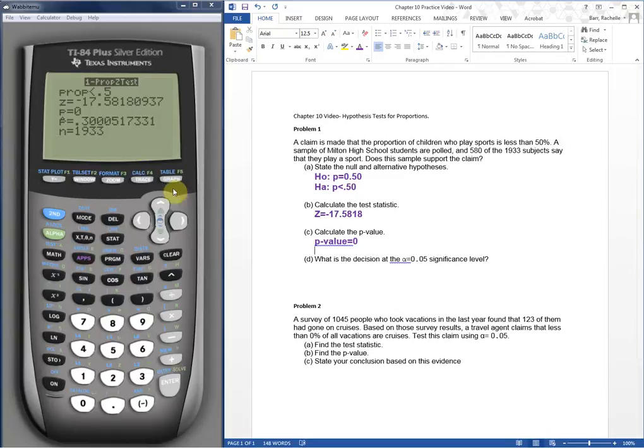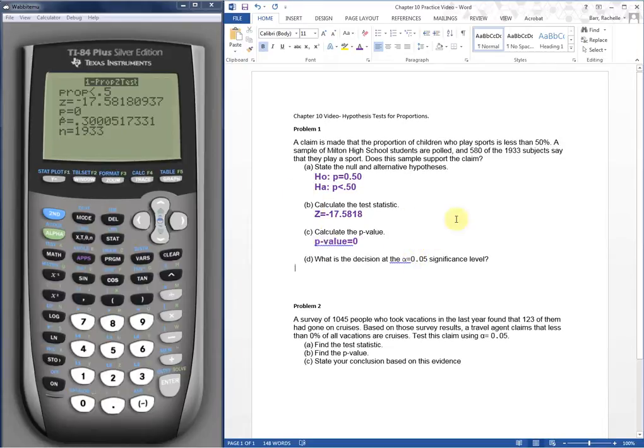Last but not least, we need to make our decision. Remember, p hat, that's the sample, not the p-value. The p-value is right there. Sorry, I meant to say that earlier. So we compare our p-value to our alpha. Notice the p-value is smaller, which means that my sample was not very likely.